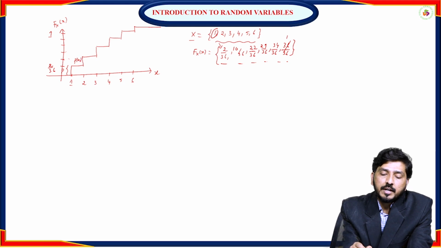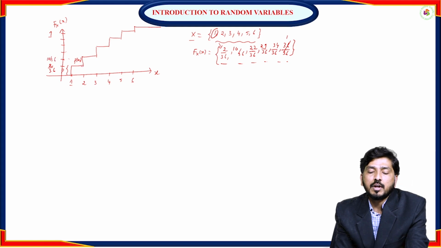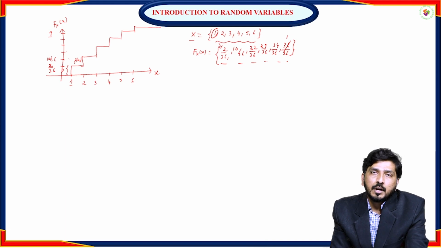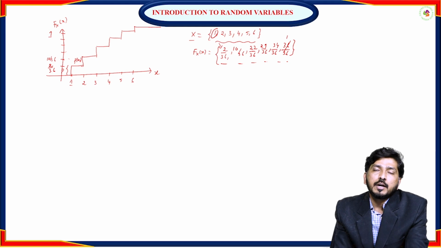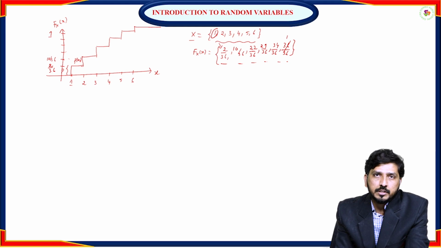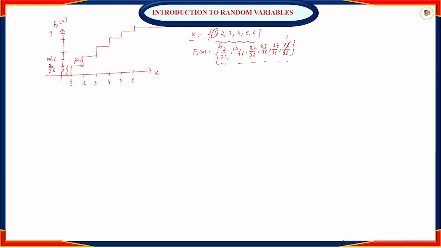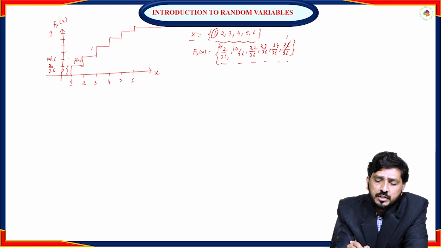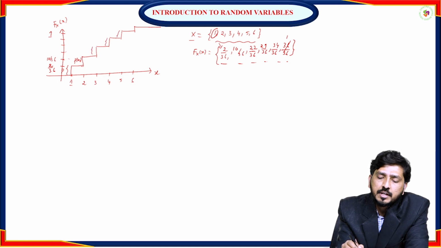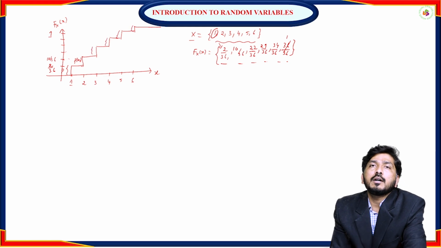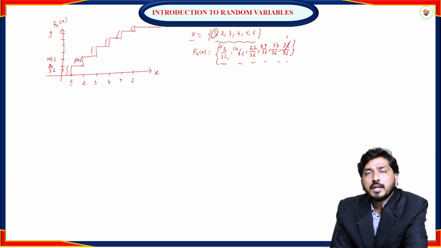So if you take here, the value of this one is what? 10 by 36. 10 by 36 minus 2 by 36 is 8 by 36, which is the probability of the random variable element x equal to 2, 8 by 36. So the size of the step gives the probability of the particular element.